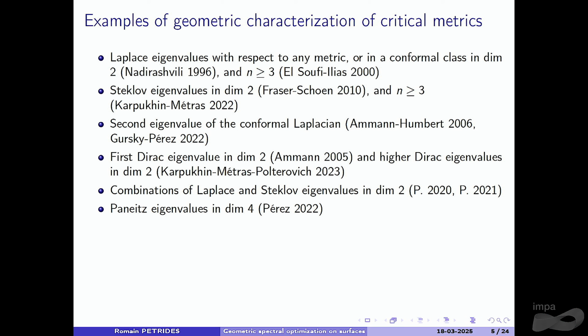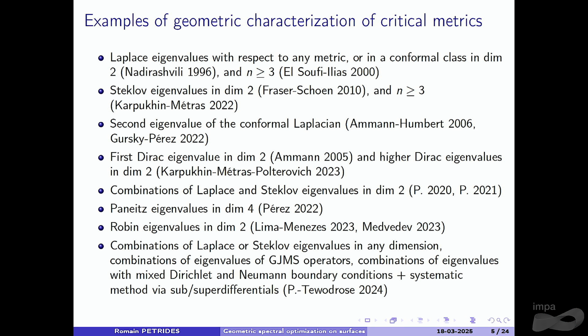So instead of having a sphere as a target manifold, you have an ellipsoid whose parameters are the eigenvalues associated to critical metrics. Panite's eigenvalues, etc., etc.